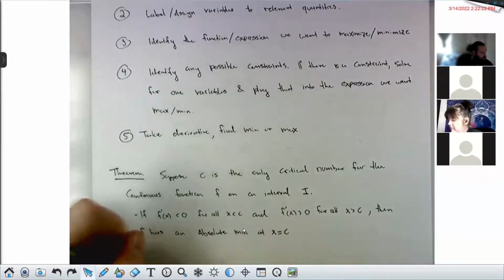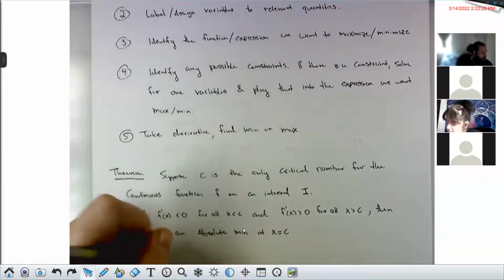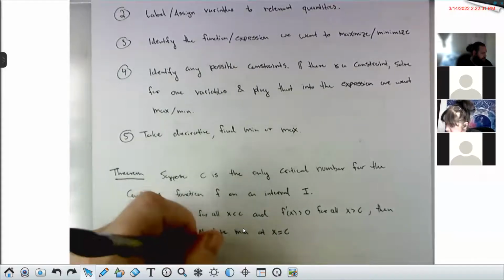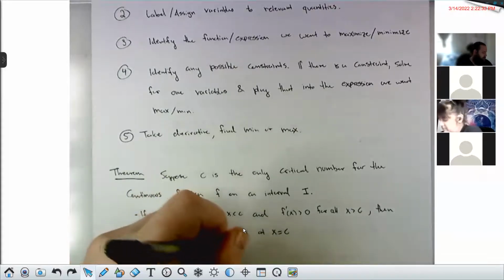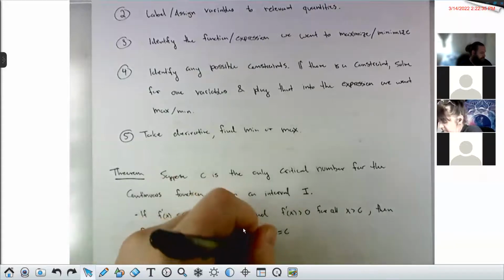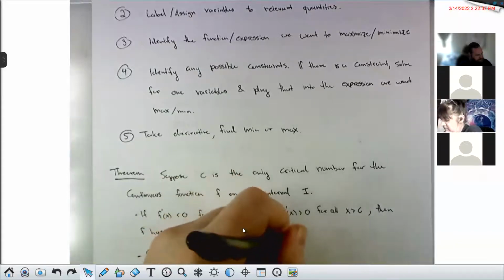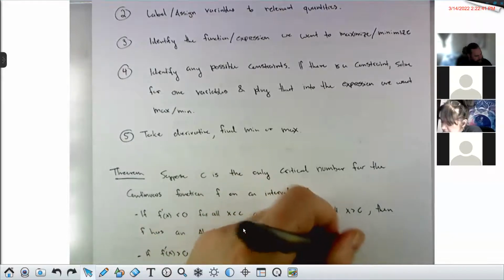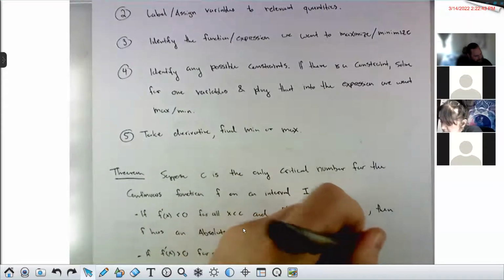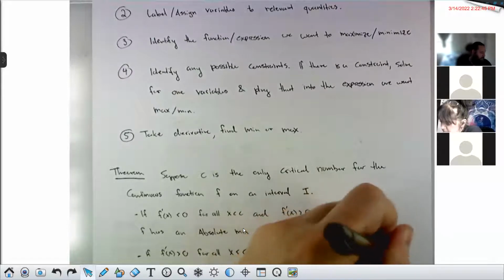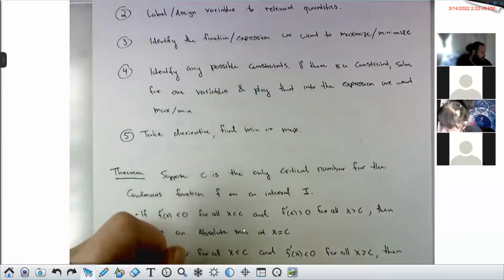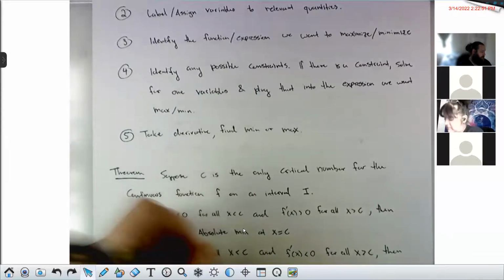And the other way of turning around the inequalities, if f prime of x is positive for all x less than c, and f prime of x is negative for all x bigger than c, then f has an absolute max at x equals c.